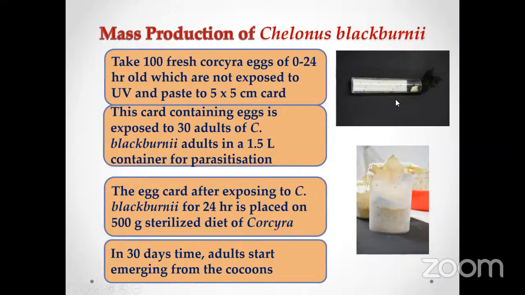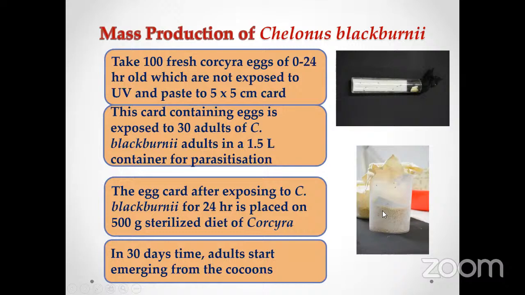given for the parasitation. After 24 hours, we bring this card out and keep it in the feeding material we use for Corcyra. In that we keep this card, so that after 3 to 4 days the Corcyra eggs will hatch and the larvae will come out and feed.